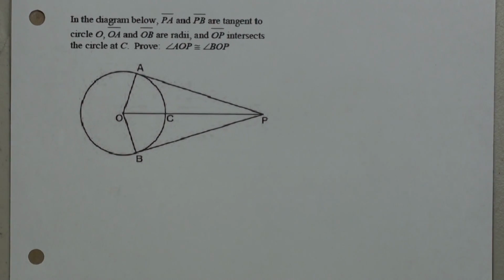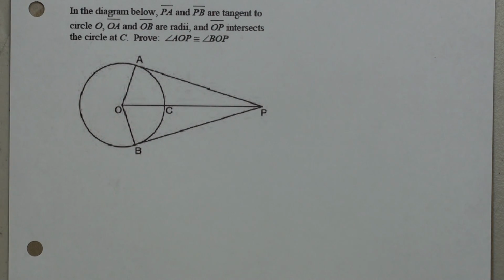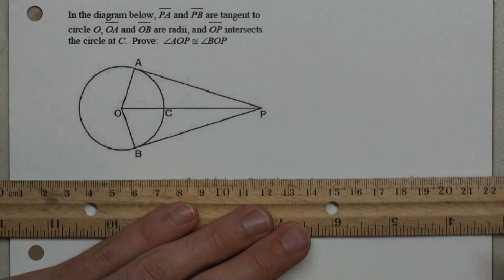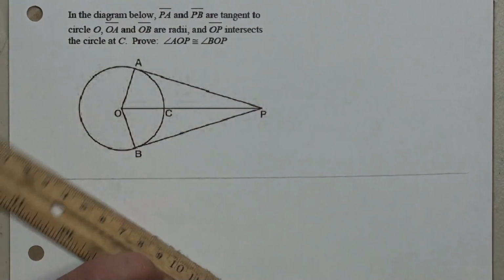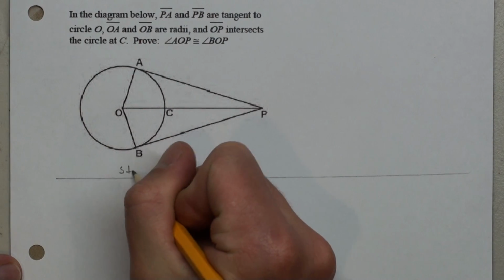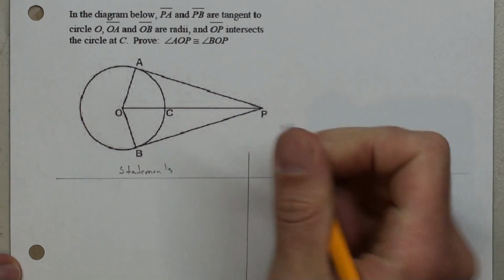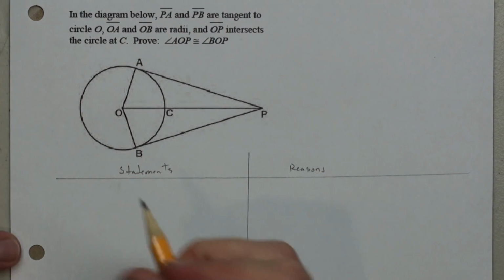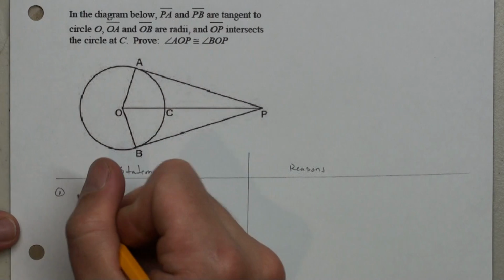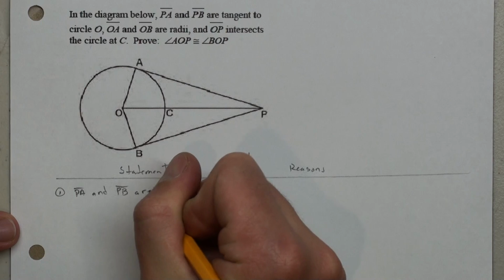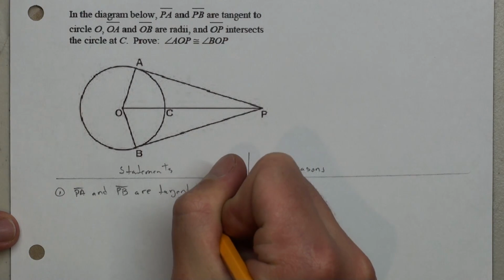450. Okay. Statements and reasons. Alright, so for our statements, let's put PA and PB are tangents.